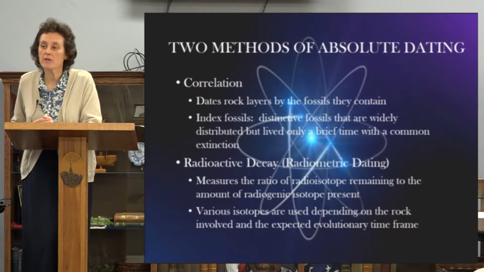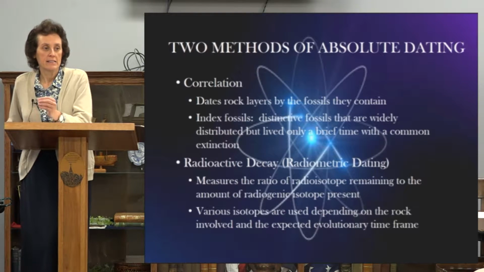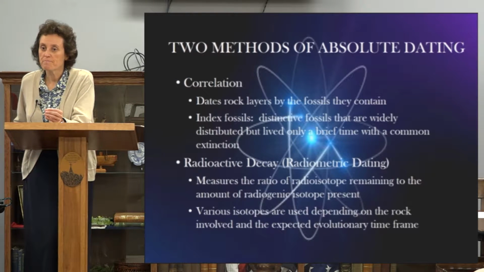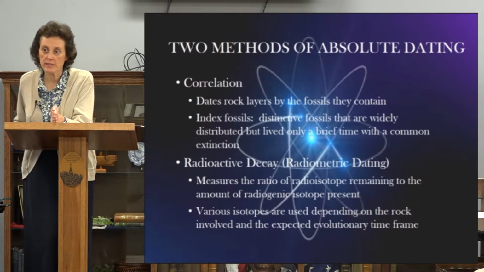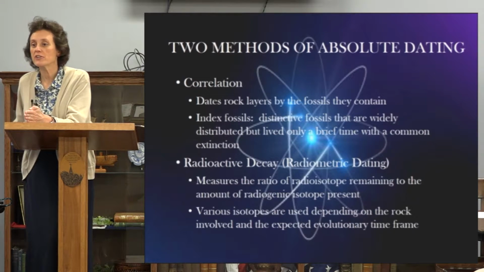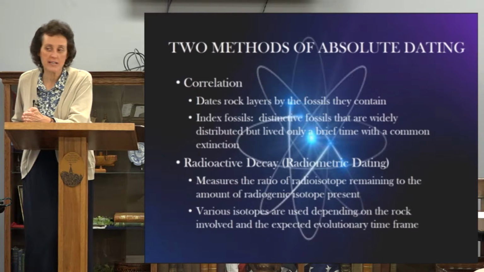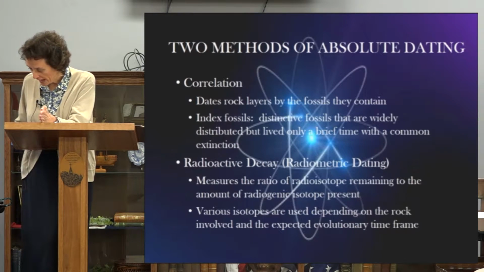It's going to be a comparison, and we're going to plot a decay curve from it and extrapolate an approximation of when that rock formed by taking a piece of the rock sample and seeing, okay, how much radioisotope, the so-called parent isotope, is left, and how much of the radiogenic or daughter isotope is there, and we'll make a ratio and compare it to the half-life.